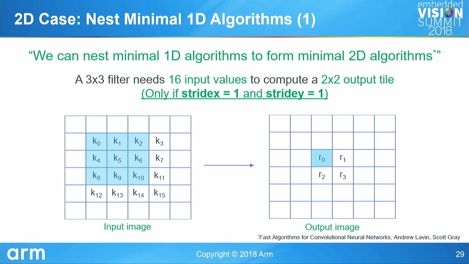So instead of having 4 input values, this time for computing with a 3x3 filter, we need 16 input values to compute a 2x2 output. So on the left-hand side, I have reported the 16 input values. And on the right-hand side, I have reported the 2x2 output values that we are going to compute.